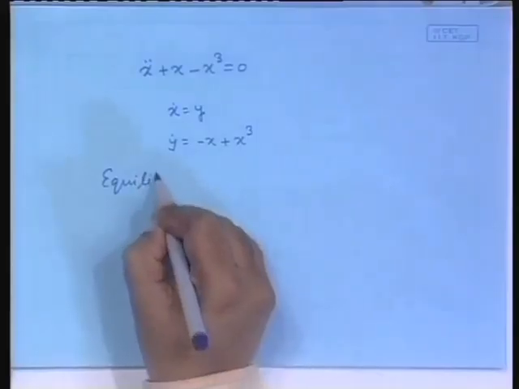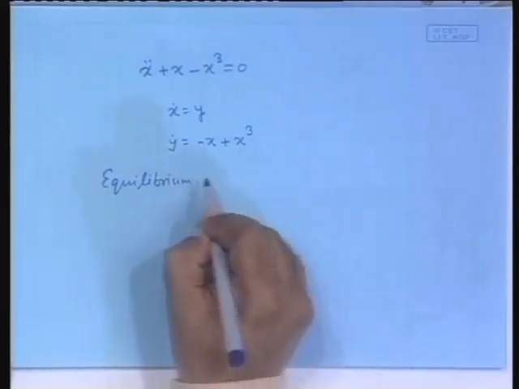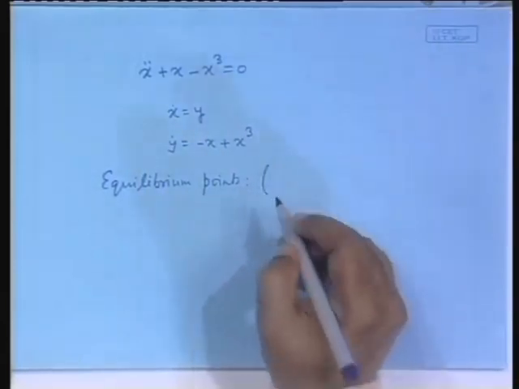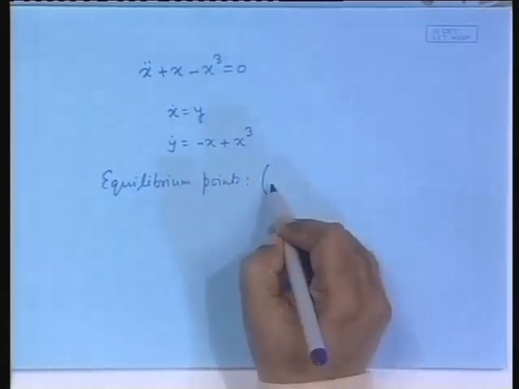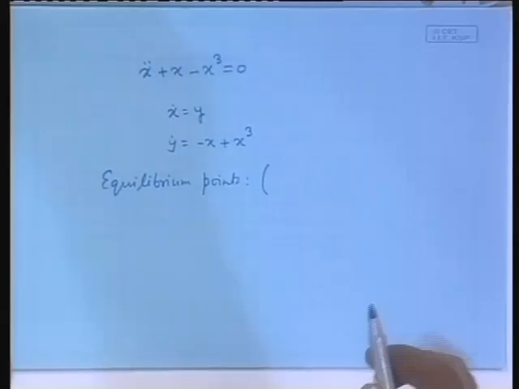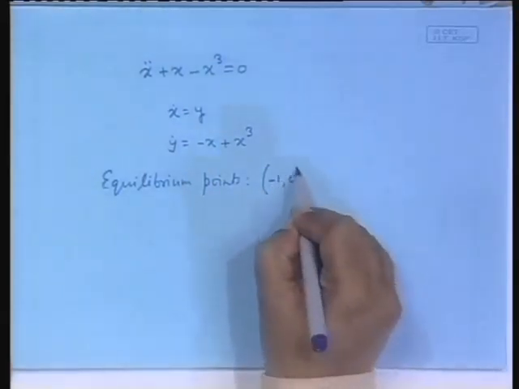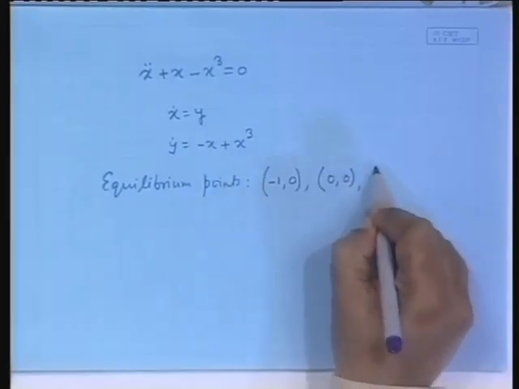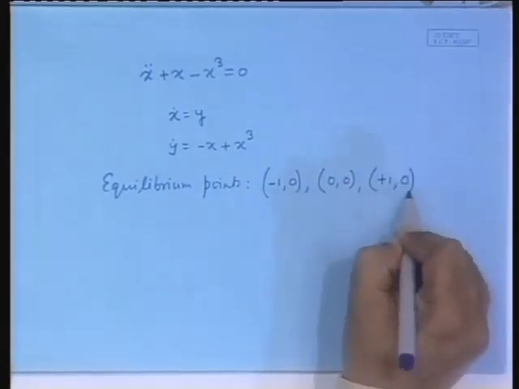What are they? So, the equilibrium points then: one is minus 1, 0; 0, 0; and 1, 0. These are the 3 equilibrium points, right.